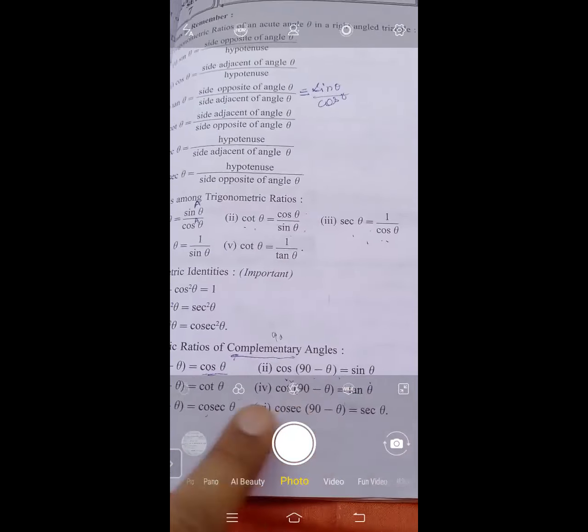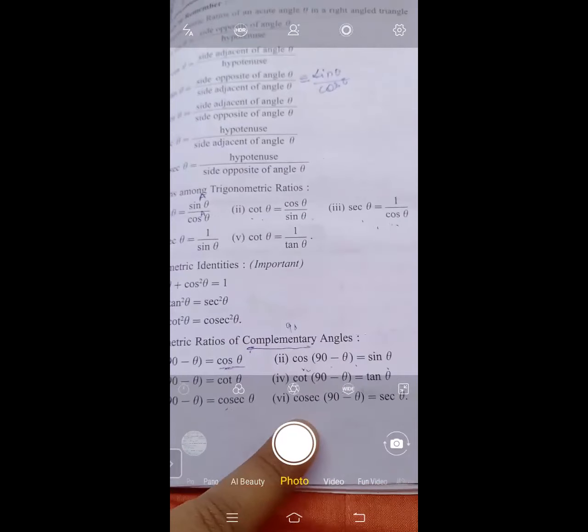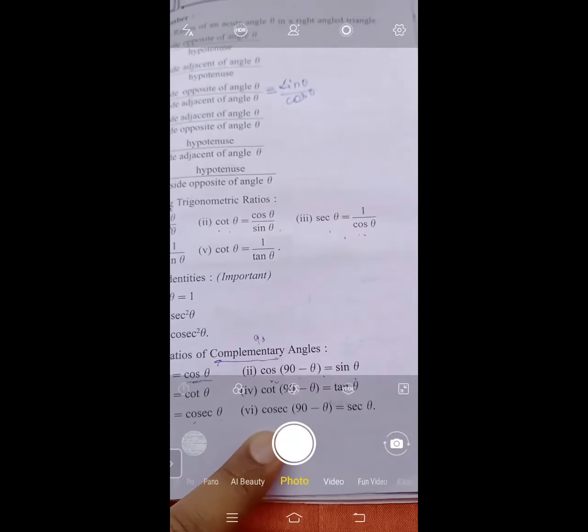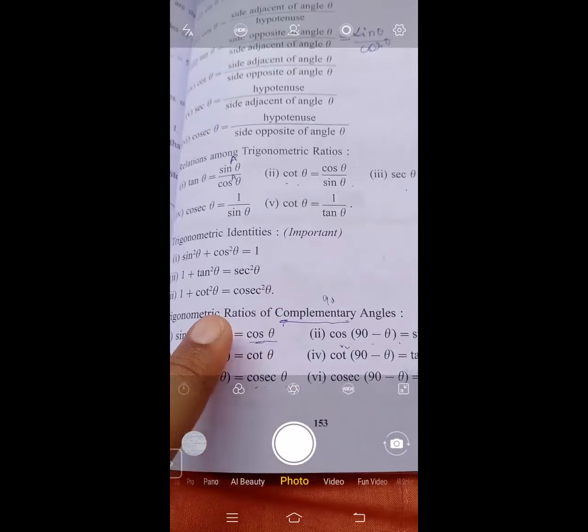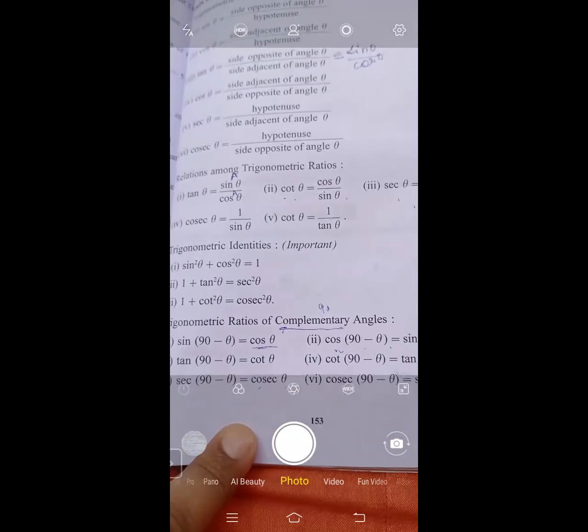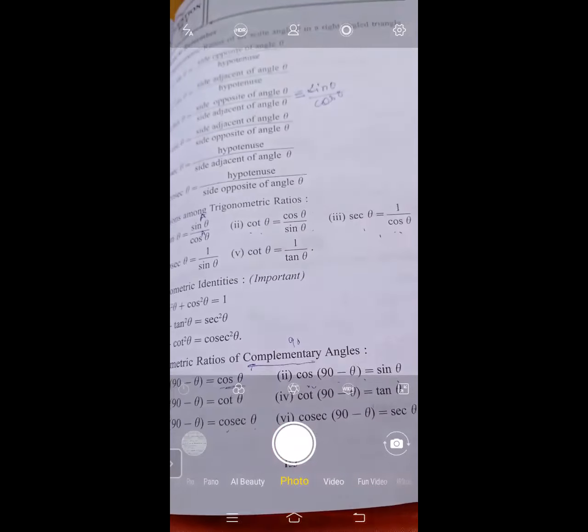Cot 90 minus theta equals tan theta. Sec 90 minus theta equals cosec theta, and cosec 90 minus theta equals sec theta. Just remember these corresponding pairs, which will make it easier to remember the trigonometric ratios of complementary angles. So if one angle is theta, the other one will be 90 minus theta, as the summation of both angles is 90 degrees, then only it is called complementary.